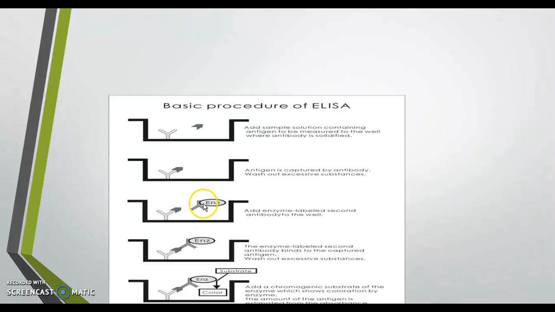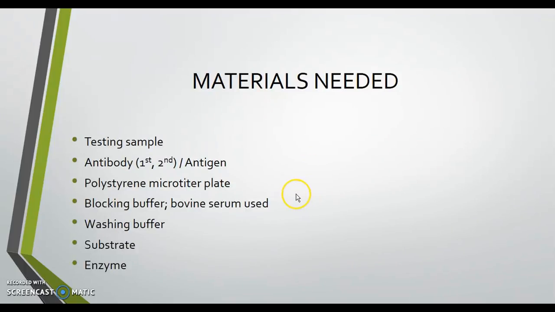The secondary antibody, as I mentioned earlier, which is bound by the enzyme, is then attached to the antigen here. And the substrate is later added, that is the chromophore. The substrate reacts with the enzyme in order to produce the color of the final procedure.